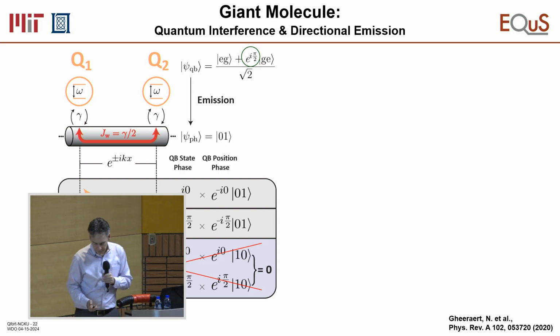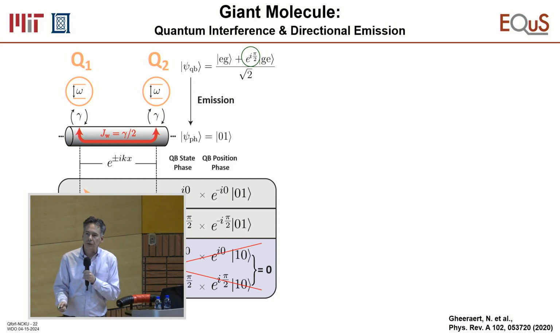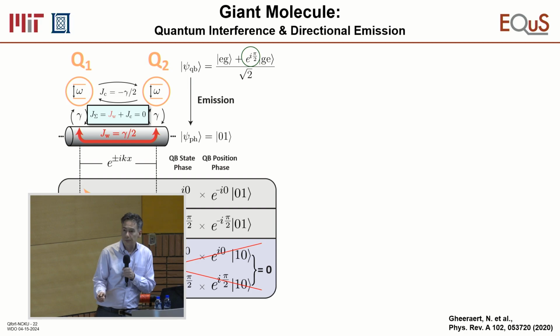Now, there's one piece that you might have picked up on, which is important, which is that we just showed that qubits can couple to each other via the waveguide. And in fact, that would be a problem here because it alters this simple story I just told. So we actually have to create a coupling also between qubits 1 and 2 that's exactly equal and opposite to the coupling that would occur through the waveguide.